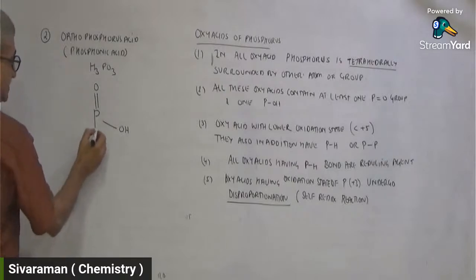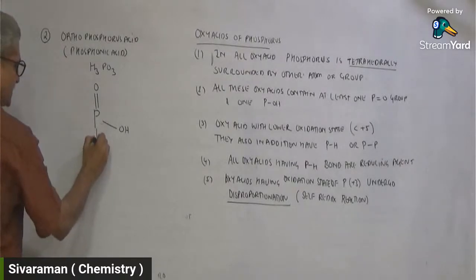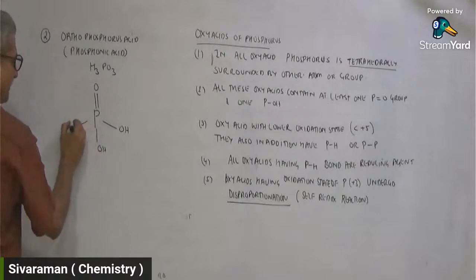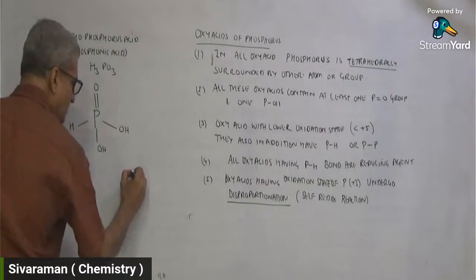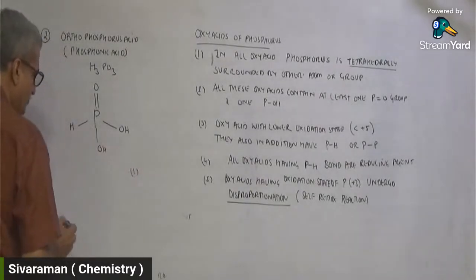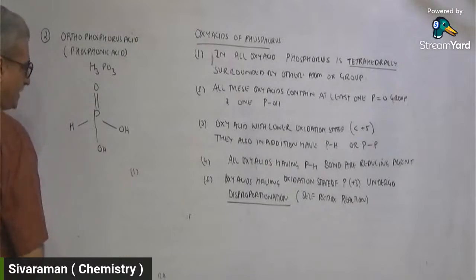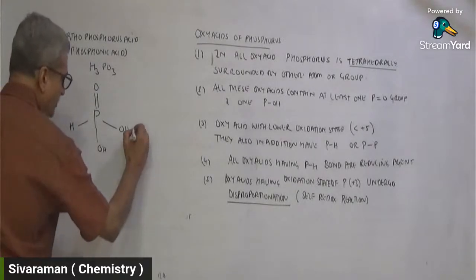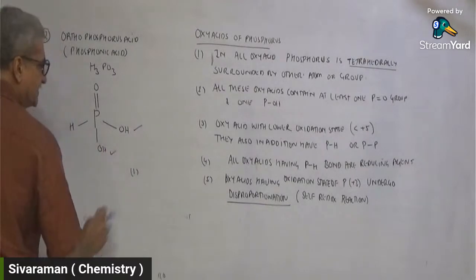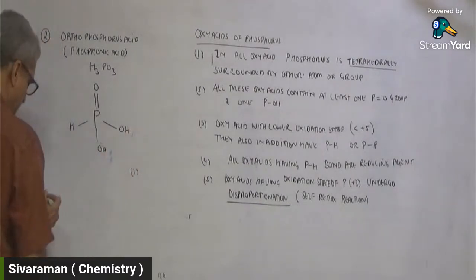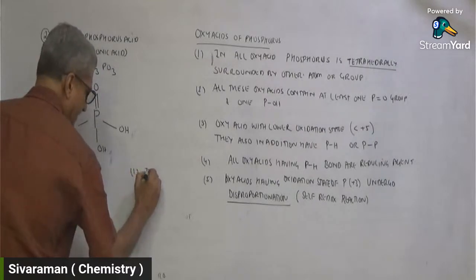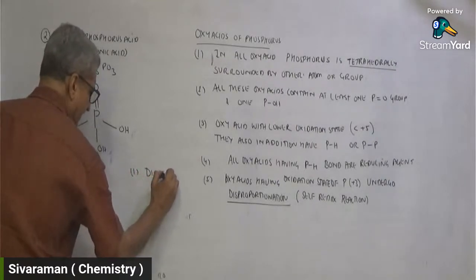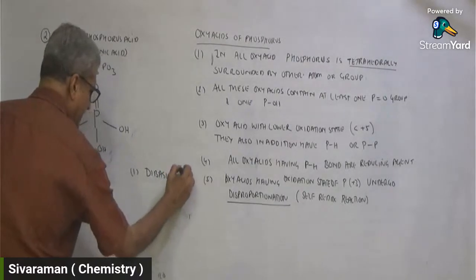Now there is still one more OH and H. So obviously, first and foremost, there are two OH groups, this and this. If there are two OH groups, it will be a dibasic acid.